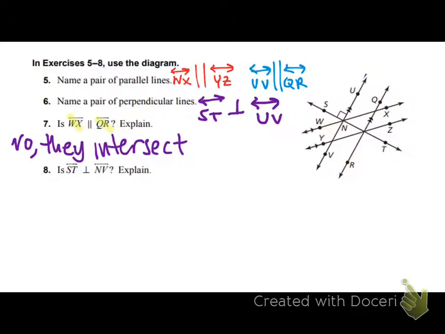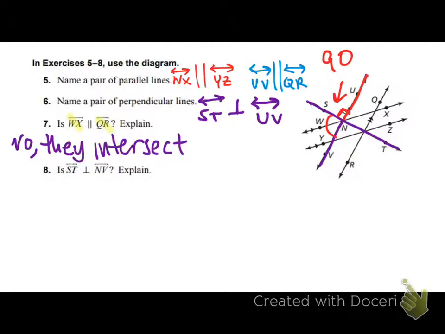And then the last question says is ST perpendicular to NV. That would mean they have to intersect and form 90. So here's what you want to remember. How many degrees is this from here to here? 180. How much is taken up by this right angle? 90.